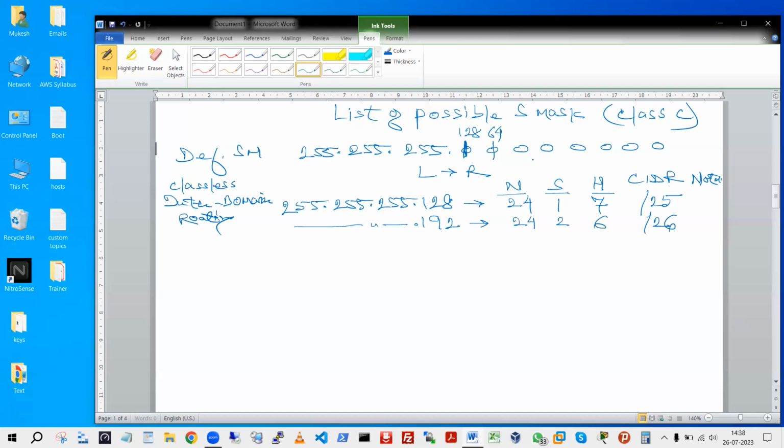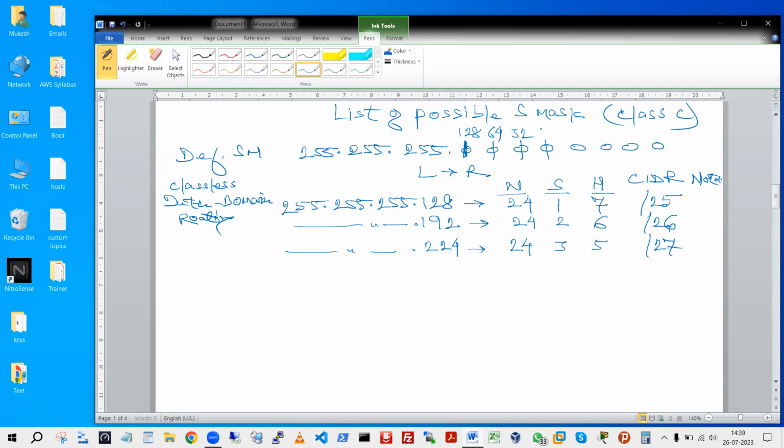Okay, follow the rule. One more bit on. The weightage of this bit is 32. So your mask value becomes 255, 255, 255, 224. Right, 3 ones mean 224. Meaning 24 network bits as it is, 3 bits borrowed as subnet bits, remaining zeros 5. /27.